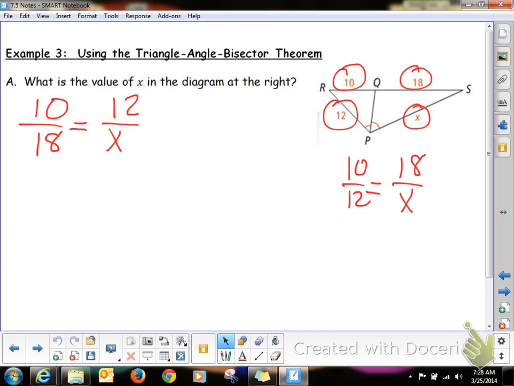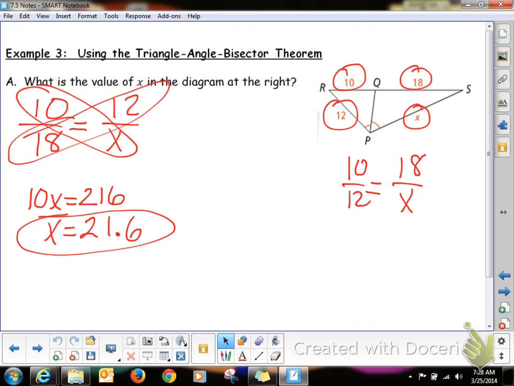Either way, when you use the cross product property, you're going to say 10 times x and 18 times 12. Take a minute and solve for x. So regardless of the proportion that you used, you are going to get that x is 21.6, because when you cross multiply, 18 times 12 is 216, and 10 times 21.6 is 216.